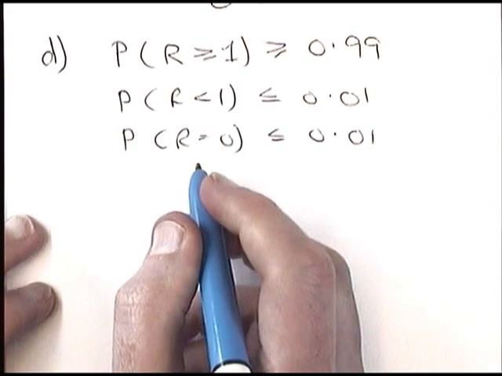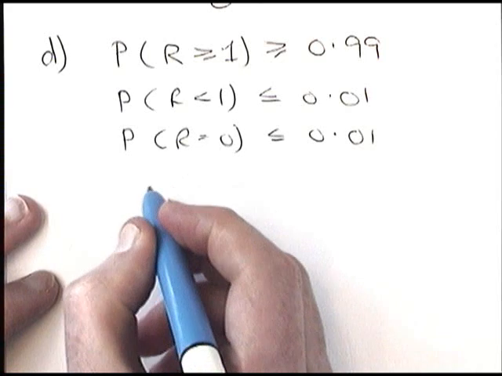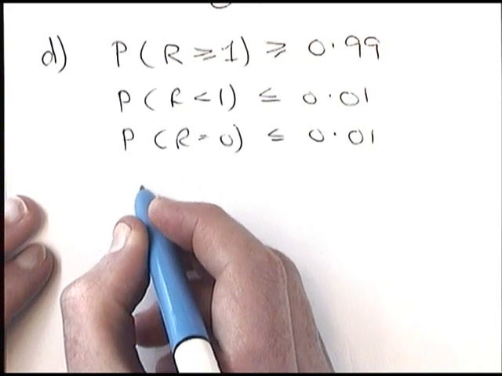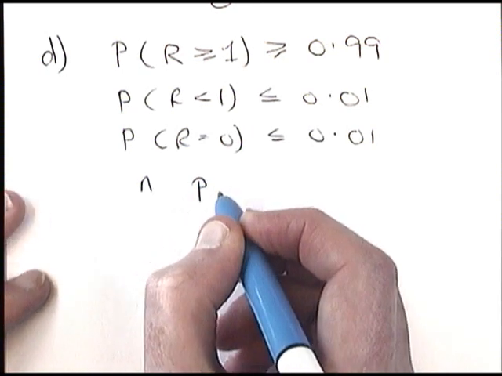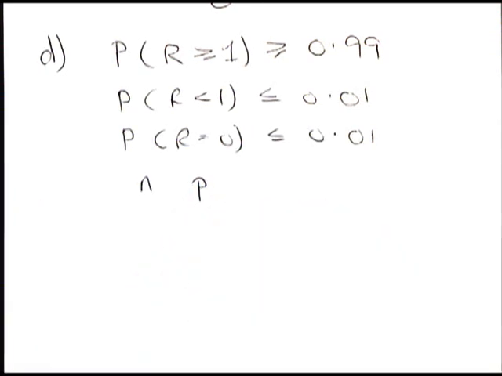So let's have a look at this probability here. We're dealing with this question with an unknown sample size. We don't know what n is, but we do know that p, the probability of success for a red ball, is 0.6.